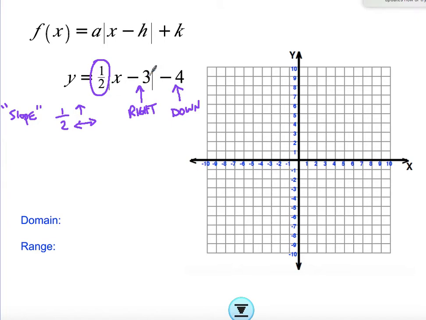Now, the shifting right and down, that would be a good place to start. So normally we would start at 0, 0, but this is going to get shifted 3 to the right and down 4. So that's where I would start. So we went 3 to the right and we went down 4. That's where I'm starting.